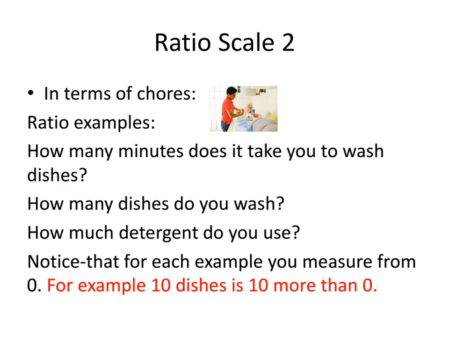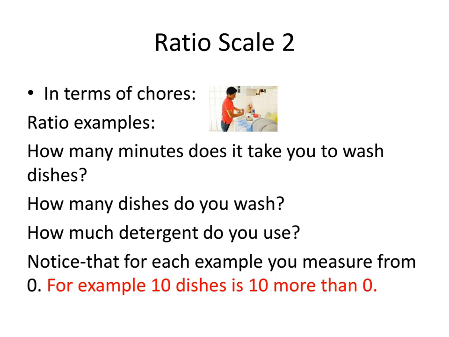In terms of the chores, we could look at the following ratio examples. How many minutes does it take you to wash dishes? Well, if we said it took you 15 minutes, we'd be counting from 0. So we know that it's going to take you 15 more minutes than 0. So 0 is very important here, and we know that this is a ratio example.